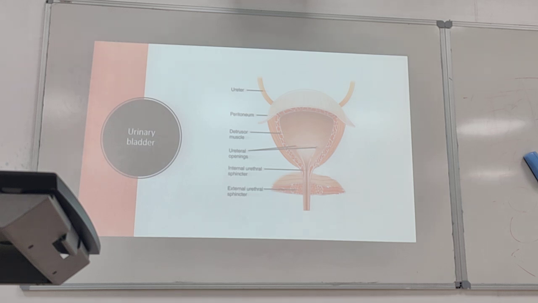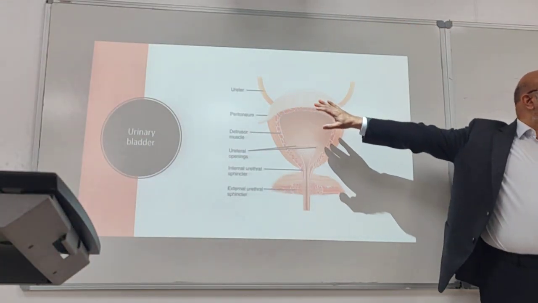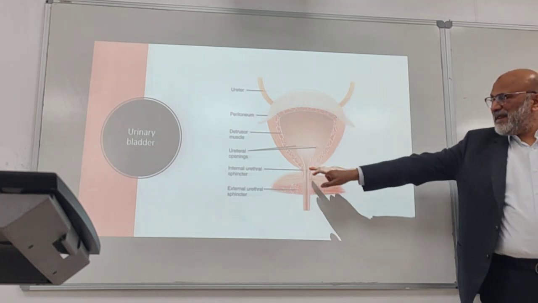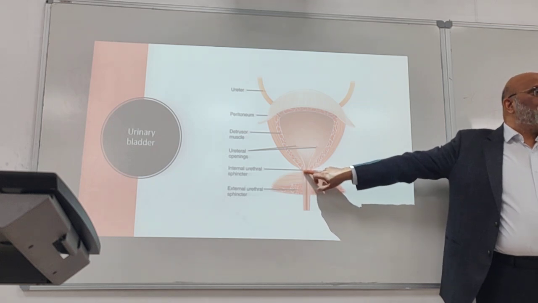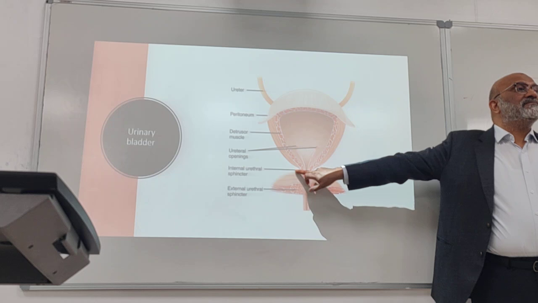So wherever we have internal, we have external. So we have one external sphincter. Now, very simple. This place is not in my control. What is not in my control? Urinary bladder. Internal urethral sphincter.